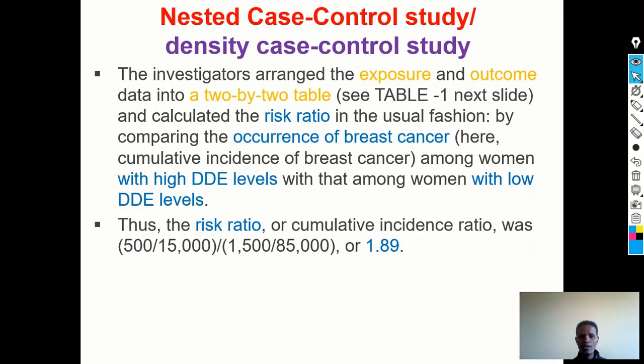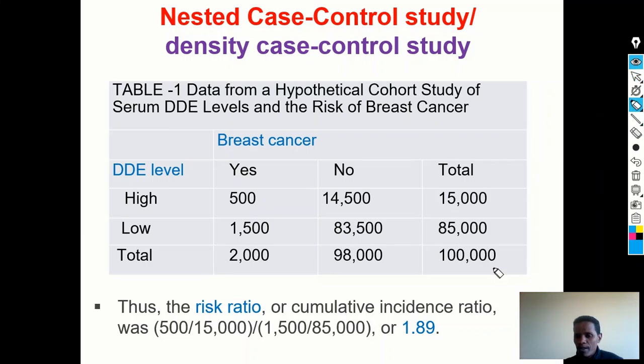So now, the investigators arranged the exposure and outcome data in a 2x2 table, which is given in the next slide. Let me show you over here. The total population is 100,000. Breast cancer cases are 2,000 during the follow-up period of 35 years. Without breast cancer, 98,000. Now the DDE level was analyzed for all the samples and classified as high and low.